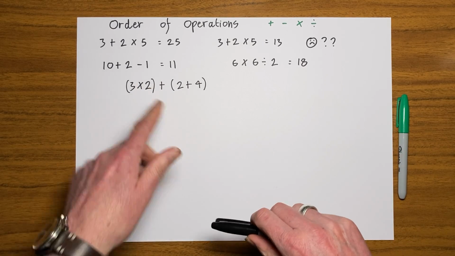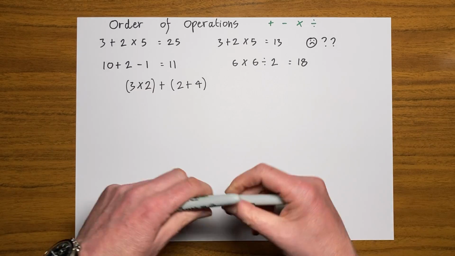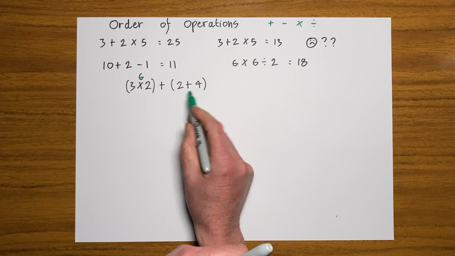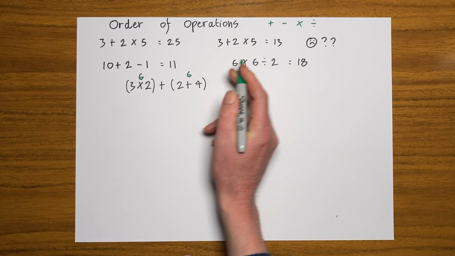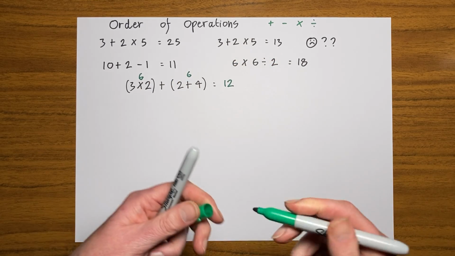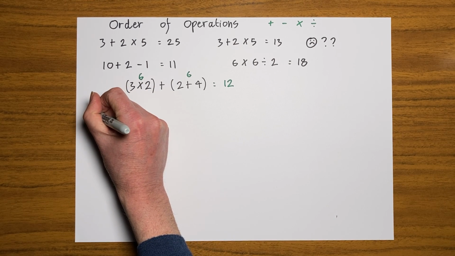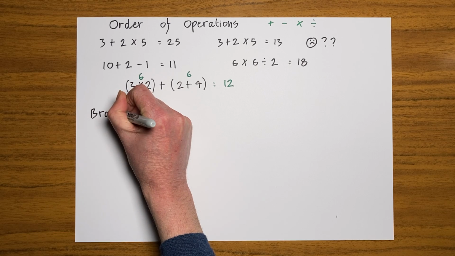So whenever you see brackets, always do them first. So 3 times 2 is 6. And I quite like to just write above the brackets what I'm doing here. And then 2 add 4 also equals 6. And then 6 add 6 gives me 12. So that was the first operation that we do. So I'm going to write this down here, brackets. Always do the brackets first.